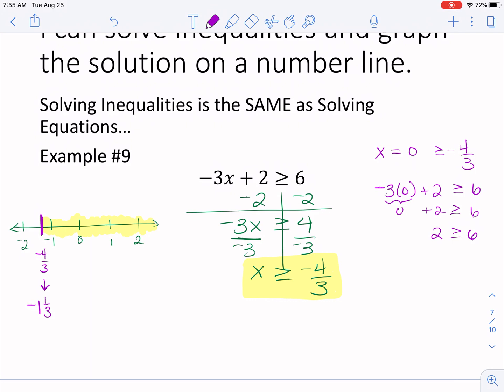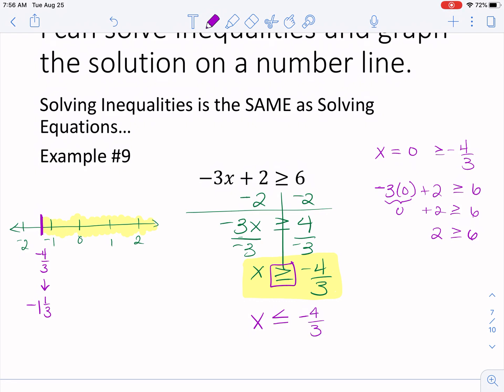Oh, yes. I heard somebody shout it out in my brain. And the issue is our sign. Our sign shouldn't be greater than. Our sign needs to read x is less than or equal to negative 4/3.